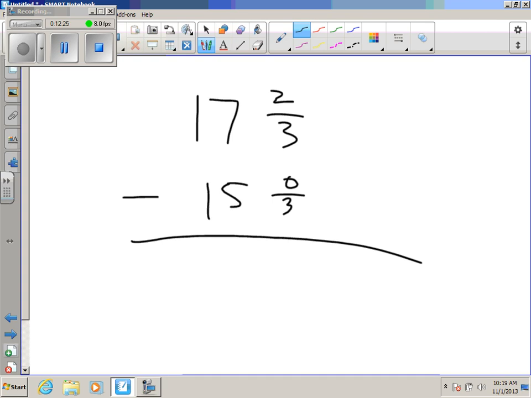Can I say 2 minus 0 without any issues? Without any problems? Yeah, so in that case, I can bring it right down, and I don't have to borrow anything. All right? So if it helps you, when you don't see a fraction there, if it helps you to just put a fraction of 0 over whatever the denominator is, then by all means, go ahead and do it. If you need to visualize that to see if that makes sense, go for it.